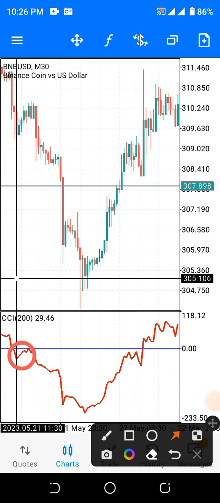So on my screen now, this is a correction from up downward, so this is a clear sell signal. You make your sell entry from this point, place your stop loss at the previous high, and this is a huge profit for you to record, as easy as that.